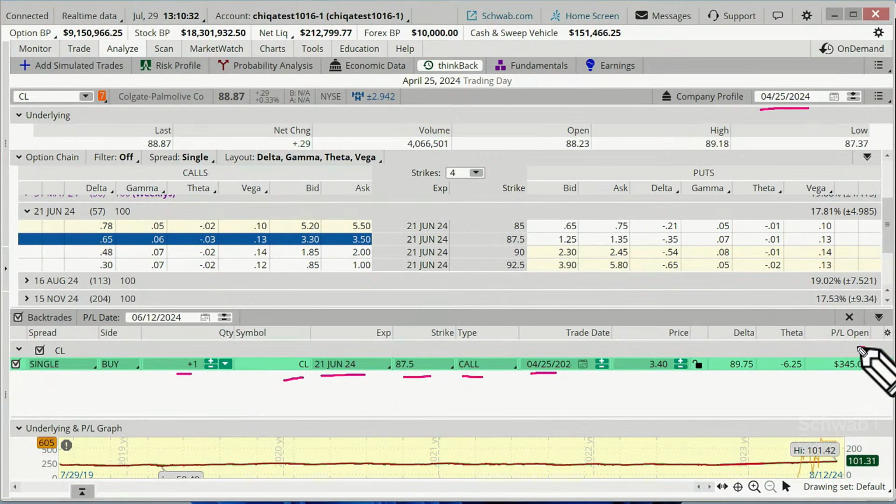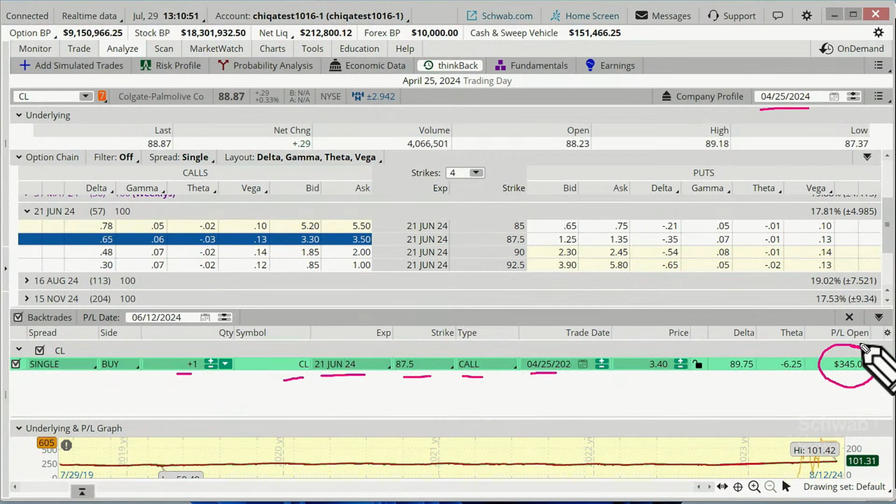My profit or loss on this is right here. Now, Bob is saying, look, it traded at different prices throughout the day. You're right, it did. This is end of day pricing, everybody. It is what it is in that regard.